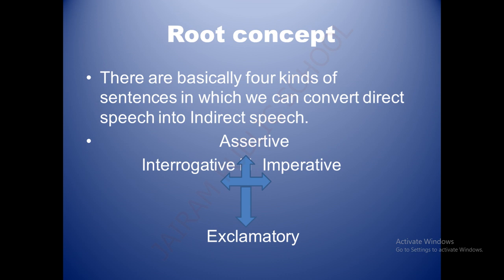There are basically four kinds of sentences in which we convert direct speech into indirect speech. We have three types of sentences and four kinds of sentences. The four kinds of sentences are assertive, interrogative, imperative, exclamatory.